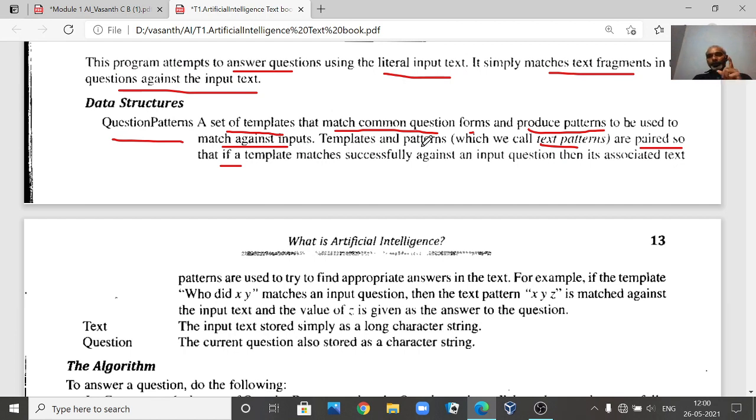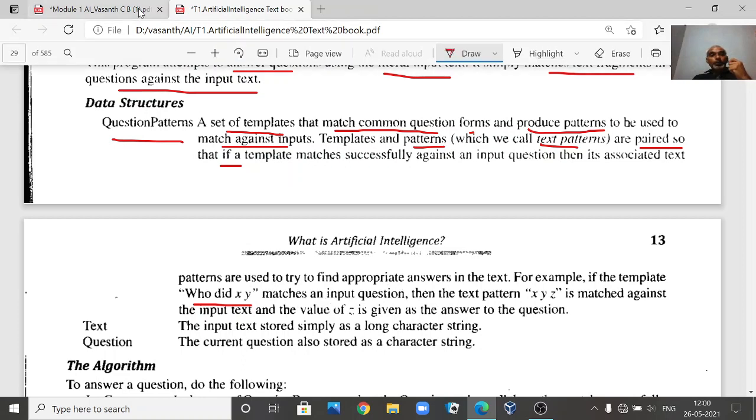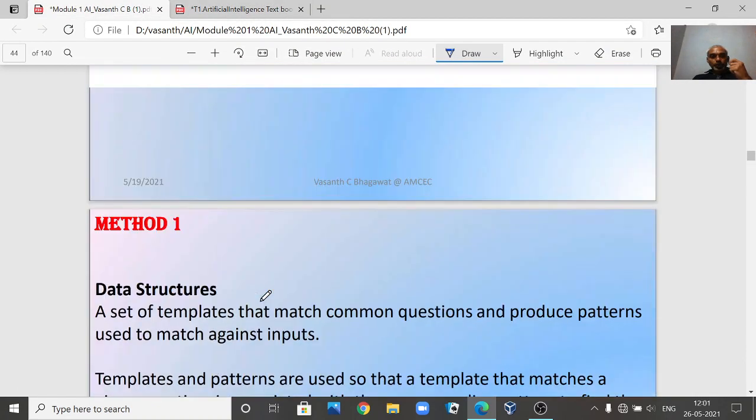A set of templates which should match with any of our questions, then for each template we'll have text patterns. For example, now we write one template. What is the template? Who did XY, right? So, who did XY. Now I take this template and match it with any of the input questions. Let us come to our questions.